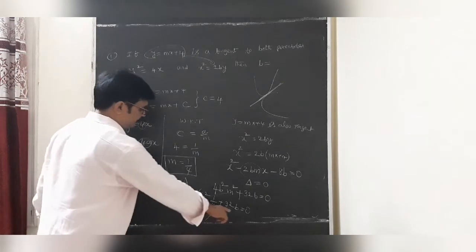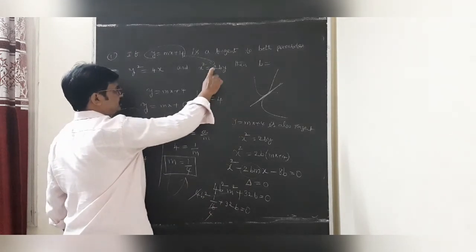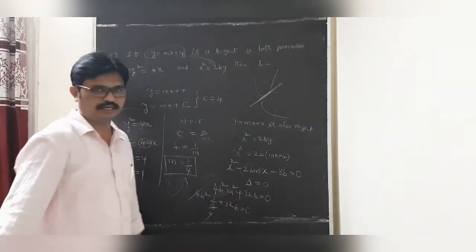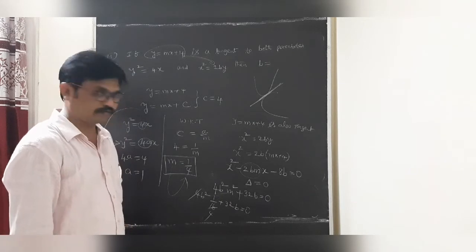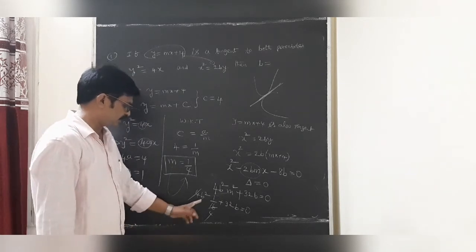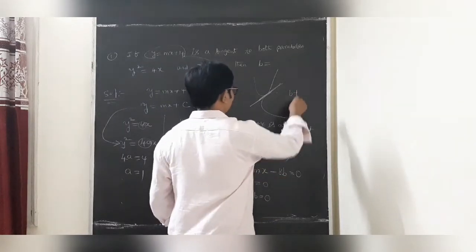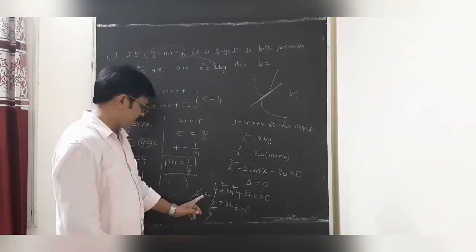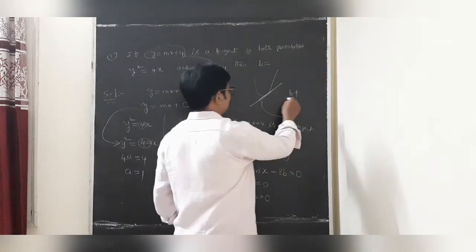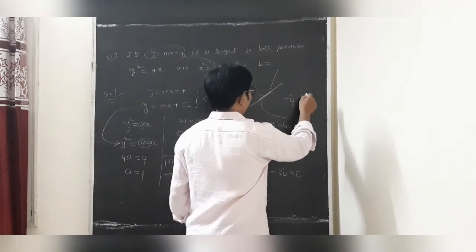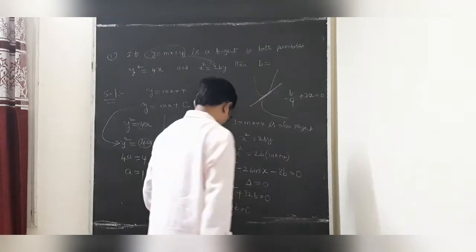When you take b as 0, then the parabola will be degenerate. So students, here b is not equal to 0. Therefore, when you divide by b, it is b by 4 plus 32 equal to 0.